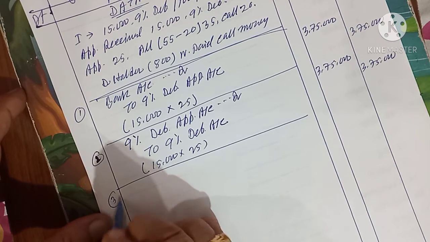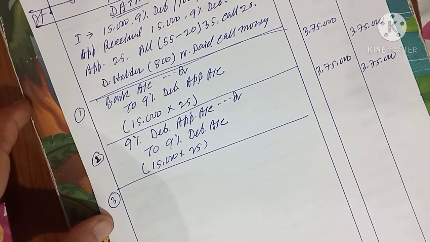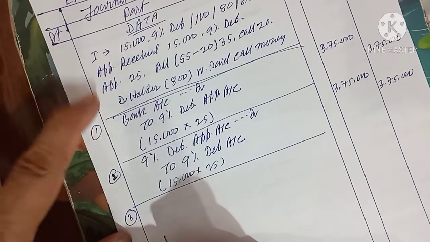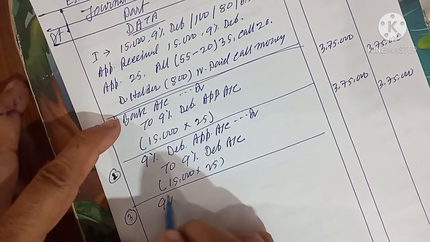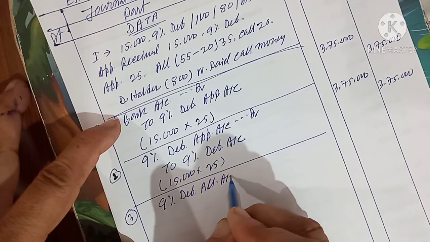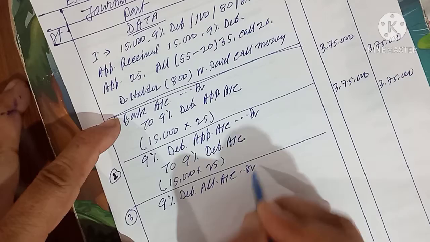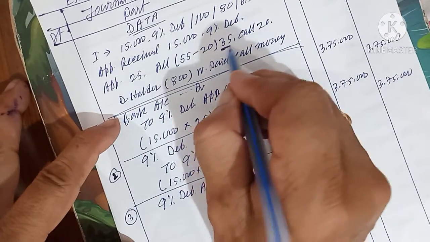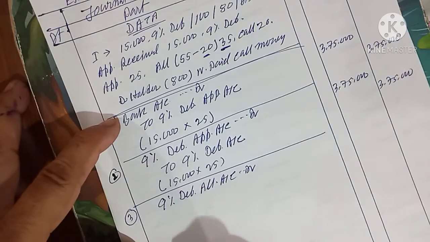Now we will pass the entry for calling for allotment. Calling for allotment, 9% debenture allotment account debit. Here this 20 rupees is coming as discount.